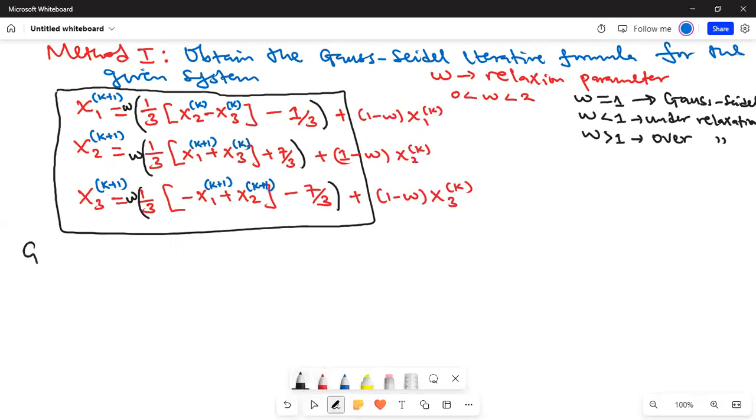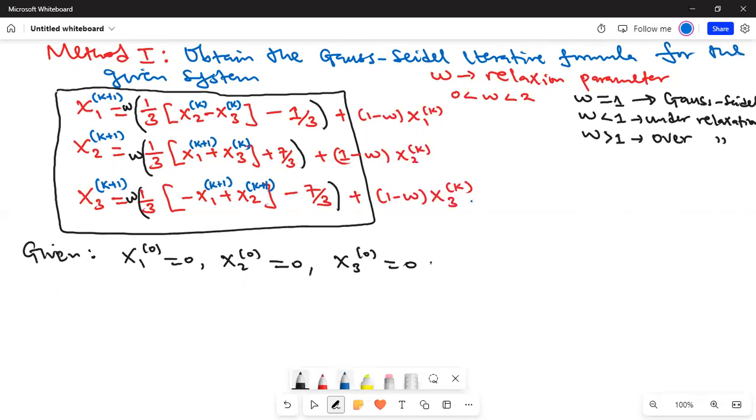So what are we given? We are given that x1 at level 0 is 0, x2 at level 0 is 0, x3 at level 0 is also 0. So let's perform the iterations. You need to pick any value of omega that is greater than 1.